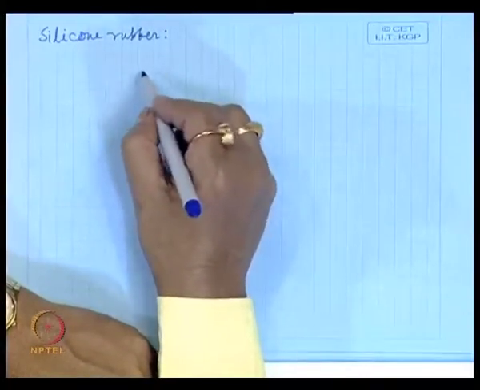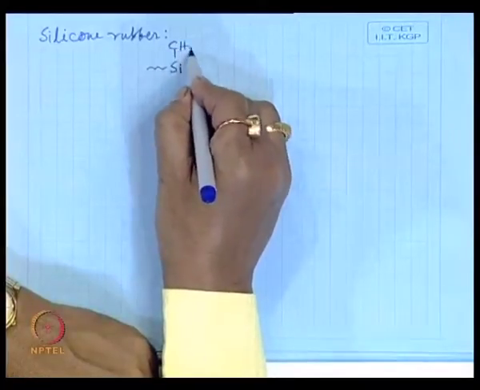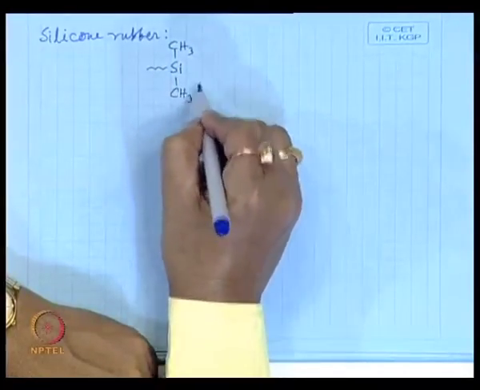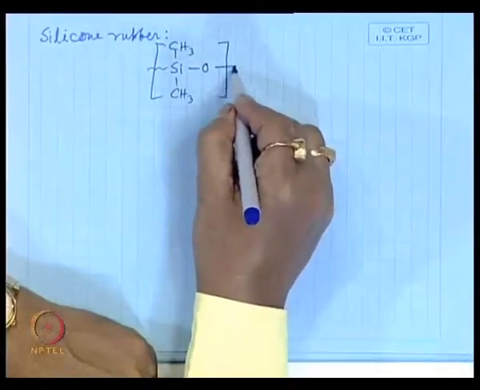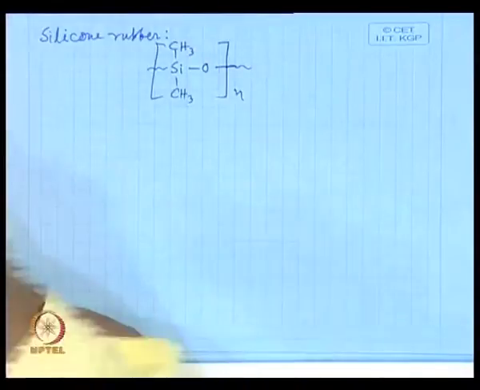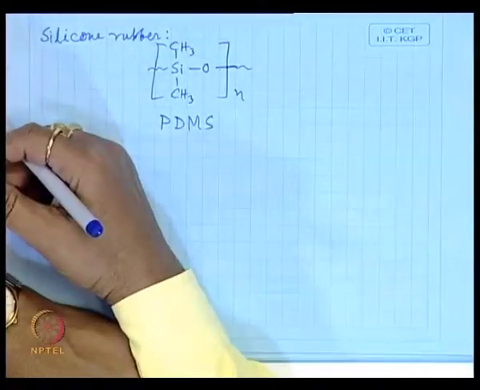Silicone rubber, polydimethyl siloxane. It is a heat resistant polymer, heat resistant rubber.